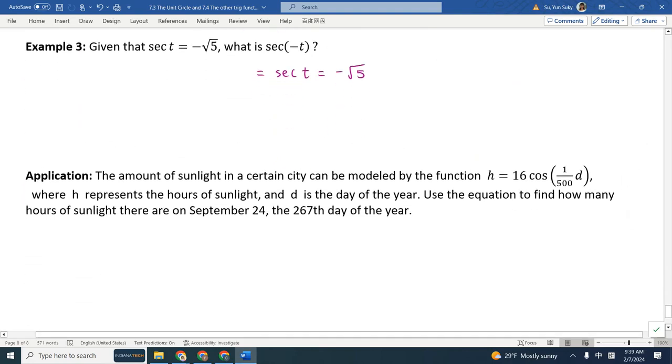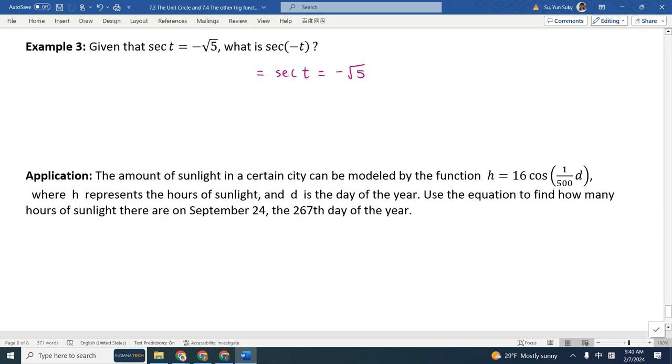Now let's do some application. The amount of sunlight in a certain city can be modeled by the function h equals 16 cosine of 1 over 500 d, where h represents the hours of sunlight and d is the day of the year.